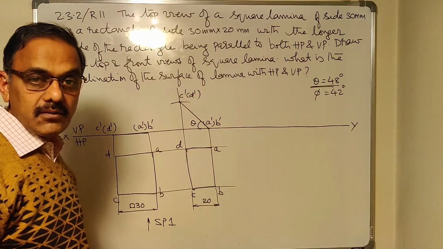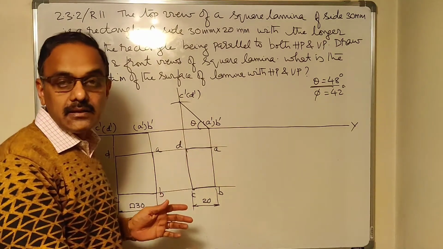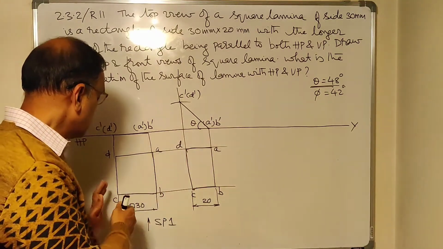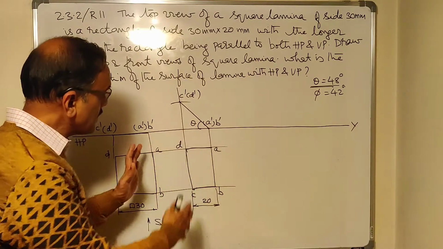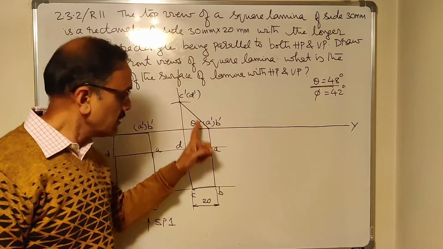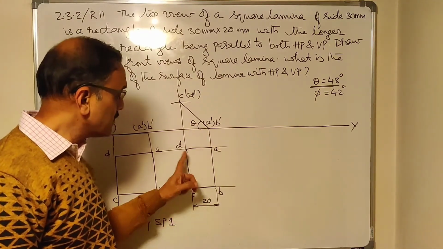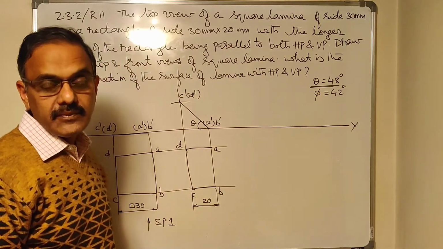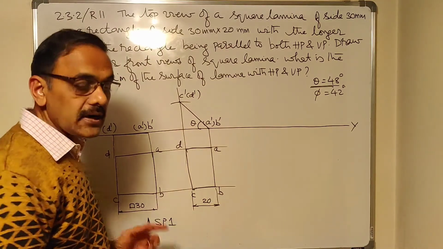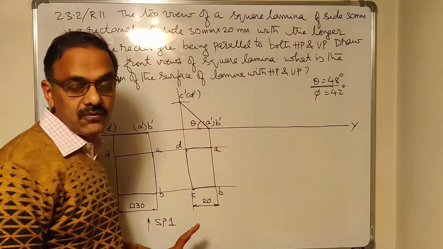That's important. Okay. So had I given the conditions directly, I would have given like this: the surface is inclined to HP at 48 degrees. Then this top view would have become a rectangle of 30 by 20. That is the direct way of giving. But the indirect way of giving is: the top view appears to be a rectangle of 30 by 20.